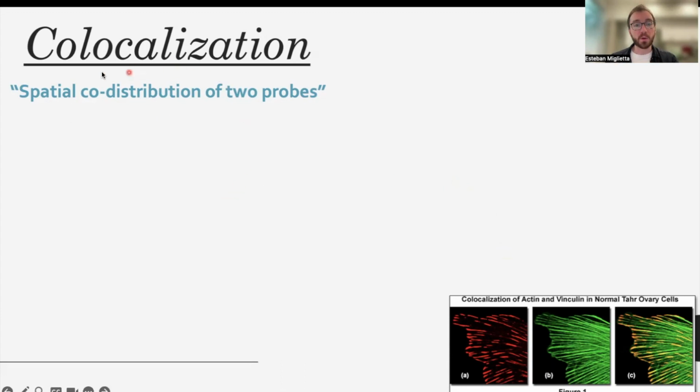So that's, in very brief words, why we define colocalization as a spatial co-distribution of two probes. In this example, we can see that the vinculin stained in red and the actin filaments labeled in green are colocalizing. That is, they are both present in these regions that we see in yellow, which is the overlap of red and green, in this cell.